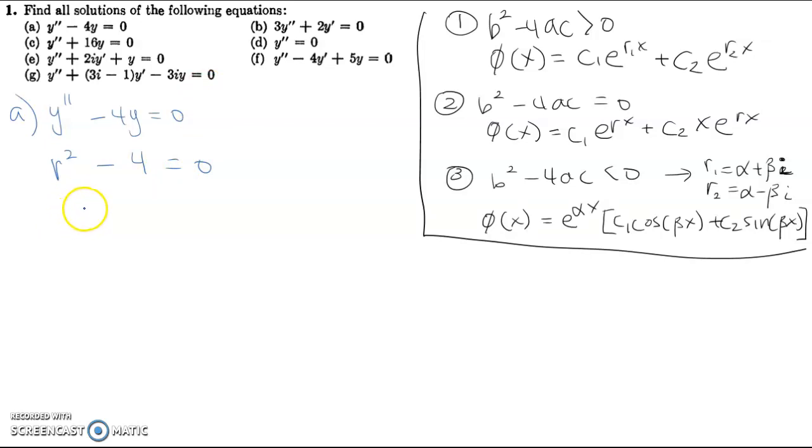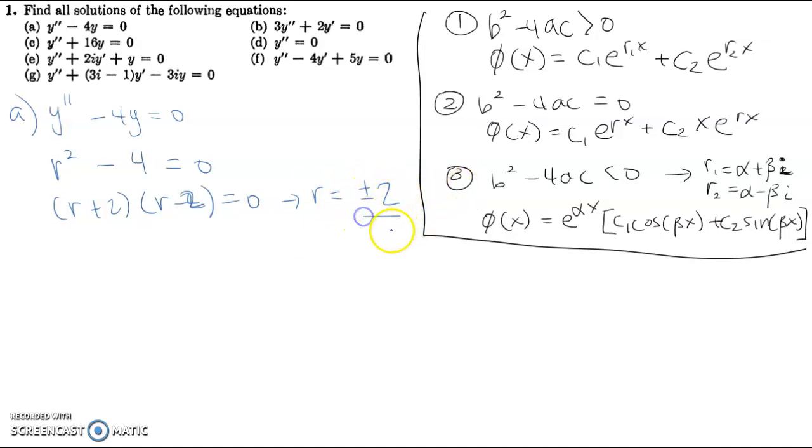You can go ahead and factor this. This is going to end up as r plus 2 and r minus 2 equals 0. So we have our values being either 2 or negative 2.